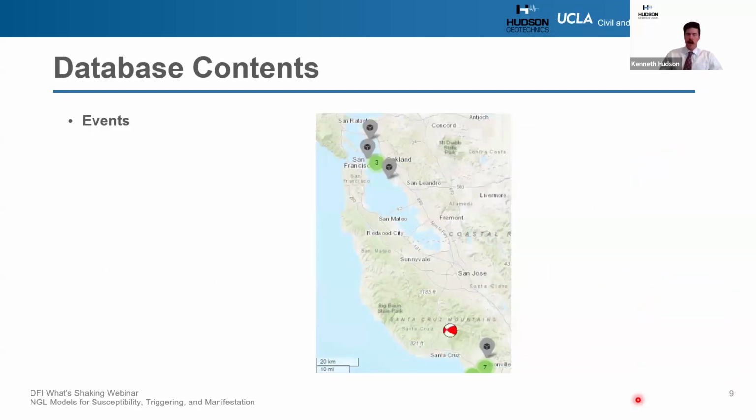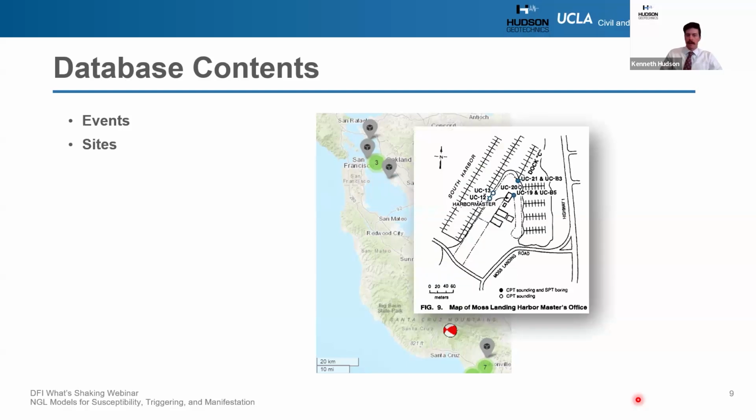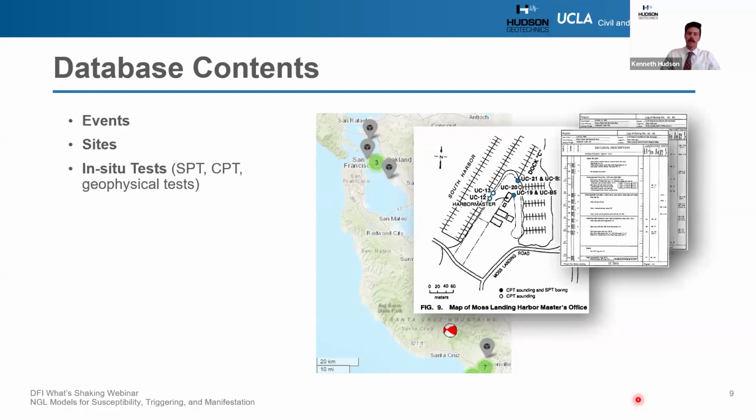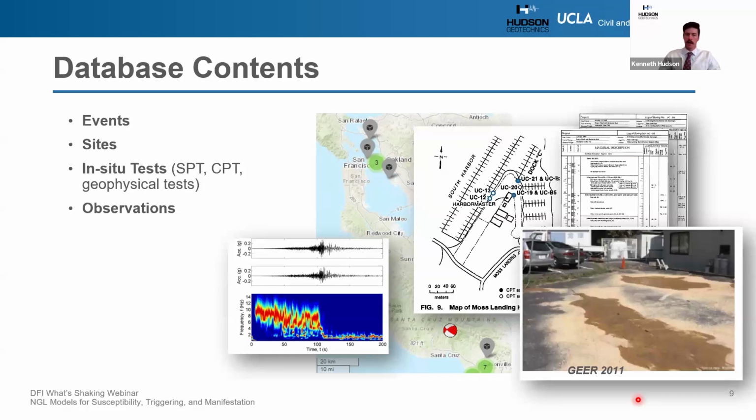And what's behind all of this is an extensive database that contains information about earthquake events, sites that did or did not experience liquefaction with in situ tests such as borings, CPTs, and geophysical tests, observations, whether there's a sand boil here at this exact location or lateral spreading observed across this area, as well as recordings of ground motions, especially where the ground motions were affected by liquefaction in one of the layers of the site.